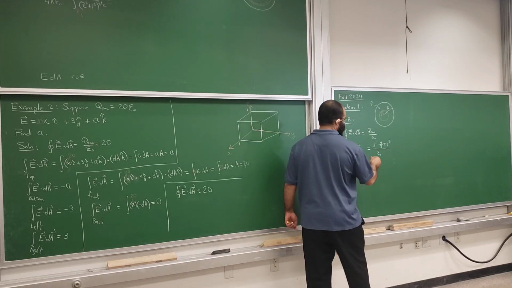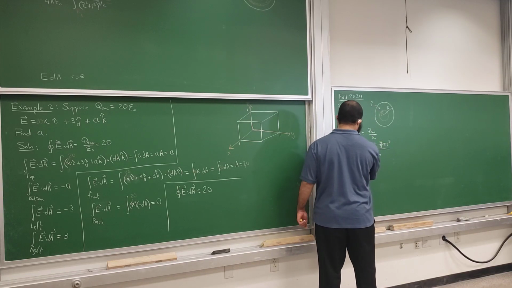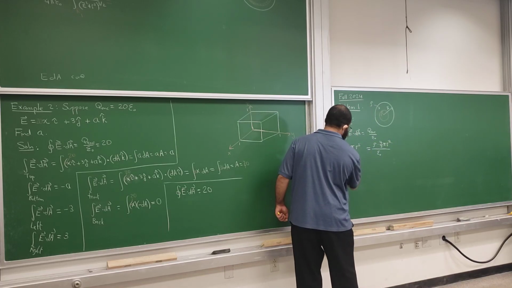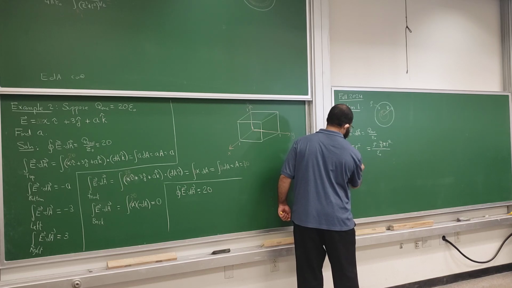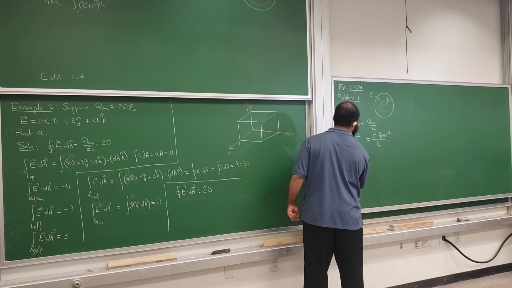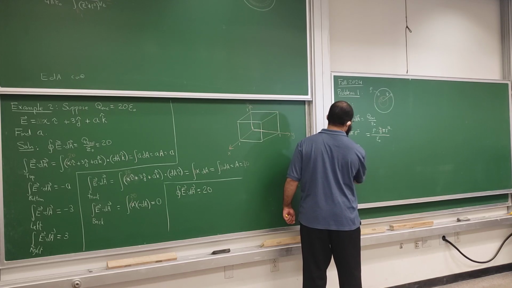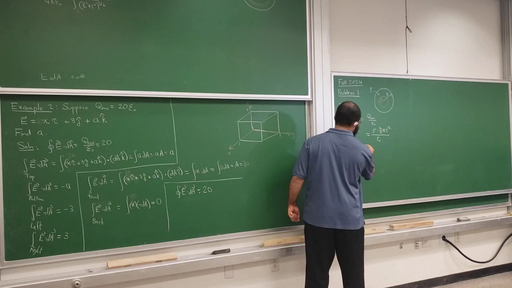So now notice the 4 pi and the 4 pi cancel, and the r squared cancels with one of these. So we got the electric field to be rho over 3 epsilon naught times r, right?